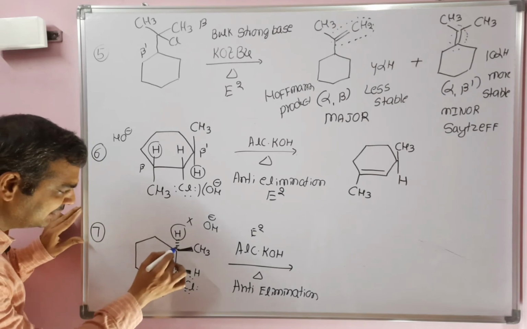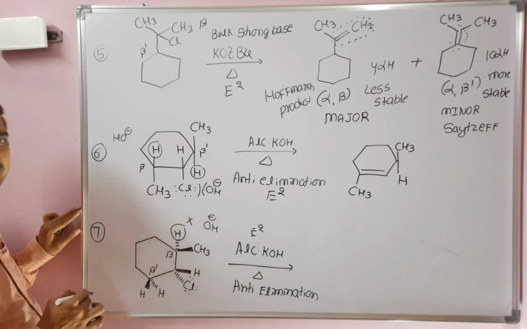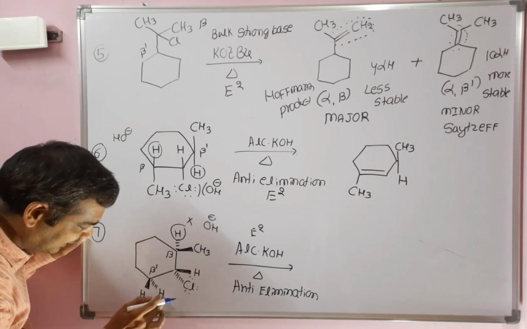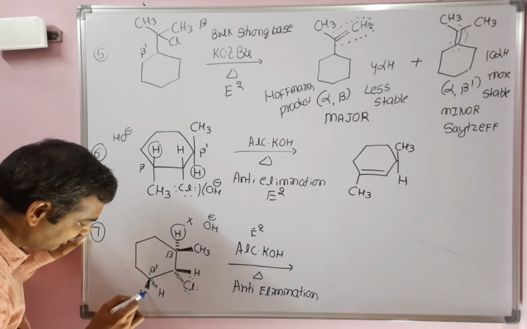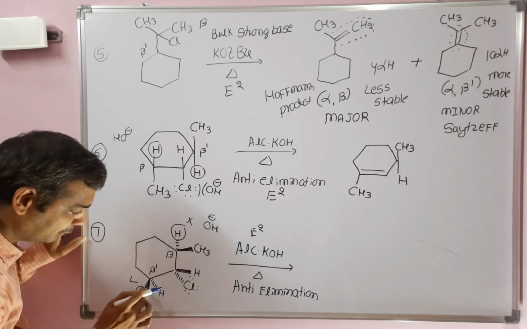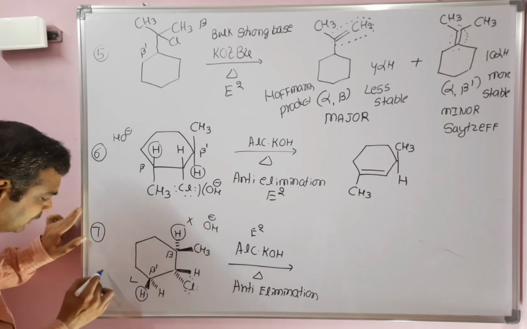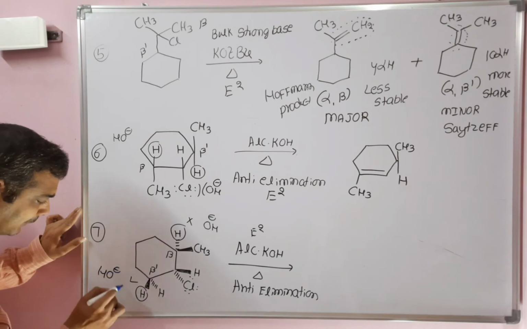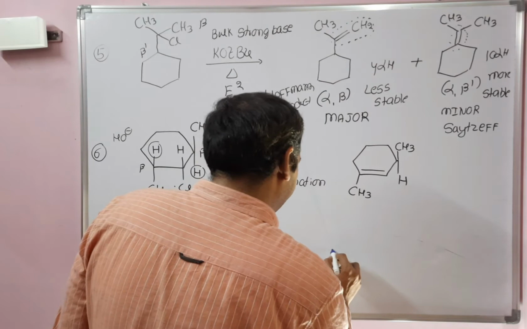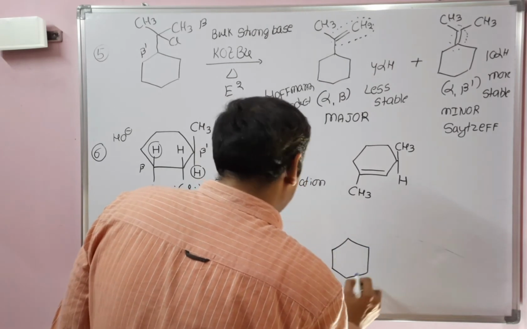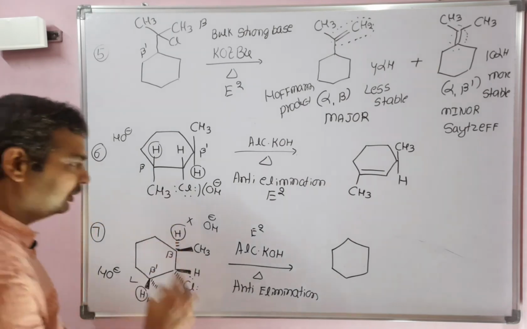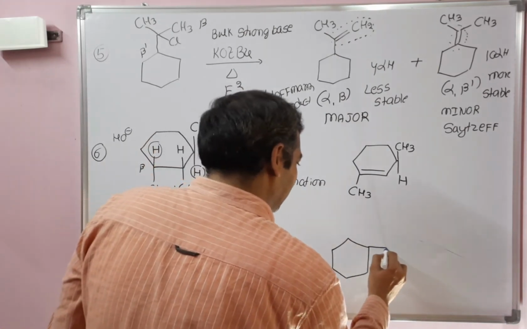Since it is not possible, come to this direction at beta prime. Here two hydrogens are there. This hydrogen is again in the same plane, whereas this hydrogen is in the opposite plane, below the plane, above the plane, the opposite direction. So OH minus will abstract this proton. Let's label them HA and HB. It abstracts HB, not HA.